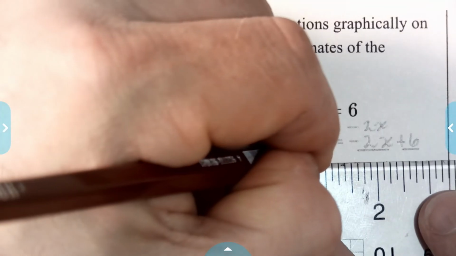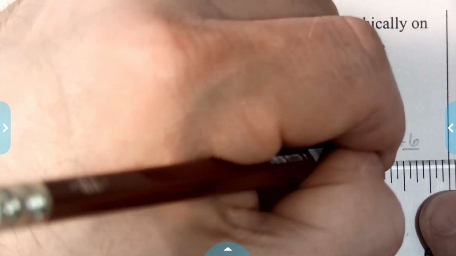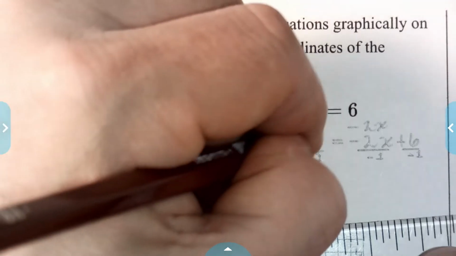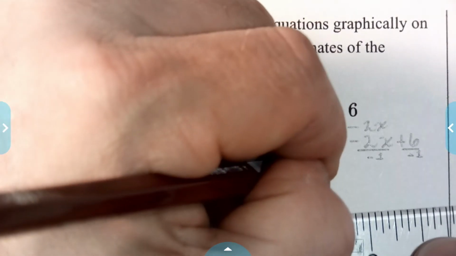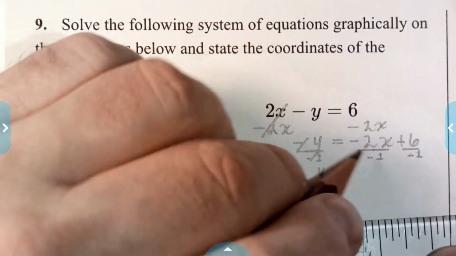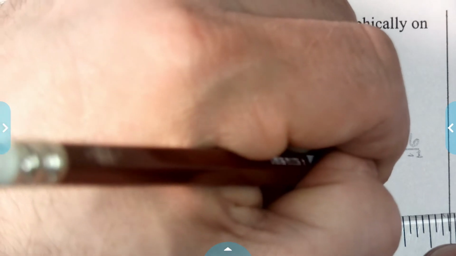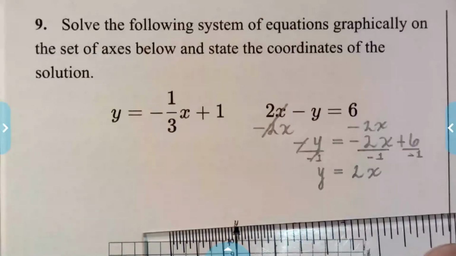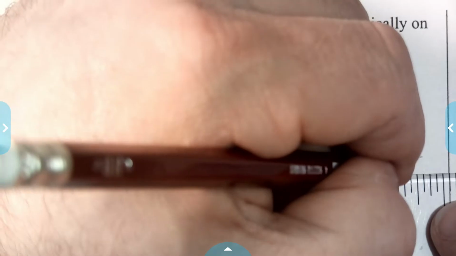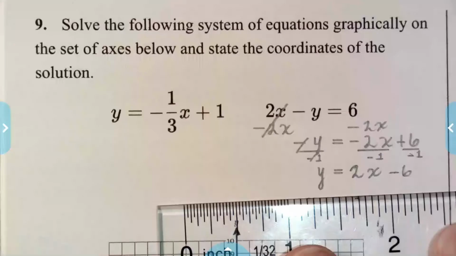Okay, so divide, divide, divide, negative 1, negative 1, negative 1. And that cancels out the negatives. I have y by itself. Y equals, and negative 2 over negative 1 is just 2, 2x. And then 6 divided by negative 1 is minus 6. So y equals 2x minus 6.